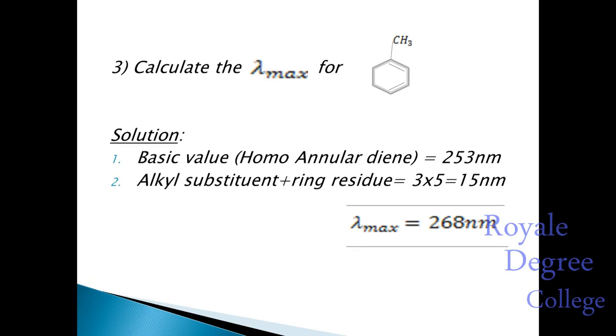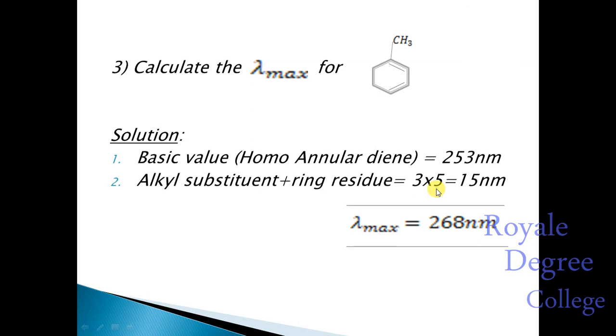Next problem is to calculate the lambda max for this compound. The basic value: this is a homoannular diene. Homo means same, one ring is there, and the two double bonds are in that ring. For homoannular diene, the basic value is already mentioned, and you have to remember it: 253 nanometer, the constant value we write. Then alkyl substituent plus ring residue.